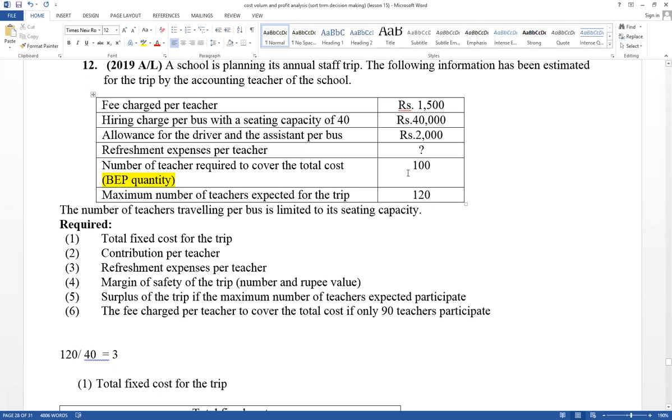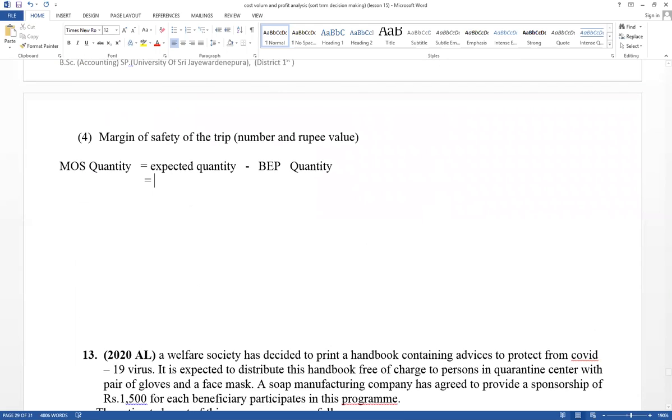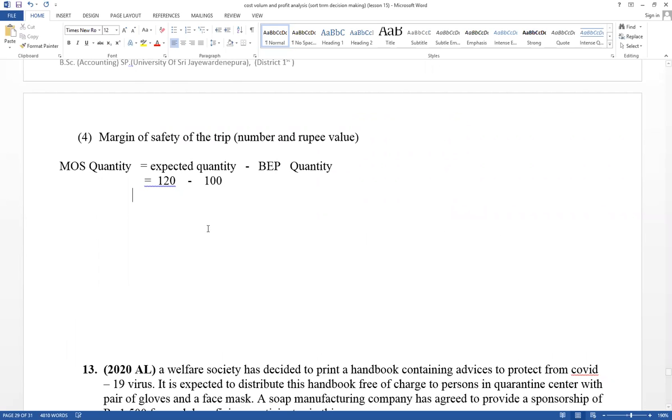Therefore, 120 minus 100 is the margin of safety quantity. So the expected quantity is 120 and the break-even point quantity is 100. Therefore, the margin of safety quantity equals 20 teachers. This is the margin of safety quantity.